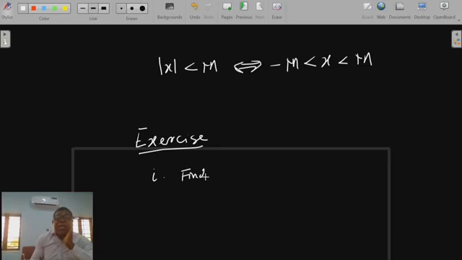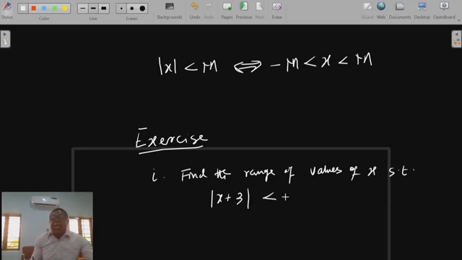Find the range of values of x so that absolute value of x plus say 3 is less than 1. Let me call this number A. Number B, absolute value of x minus 5 is less than minus 6.